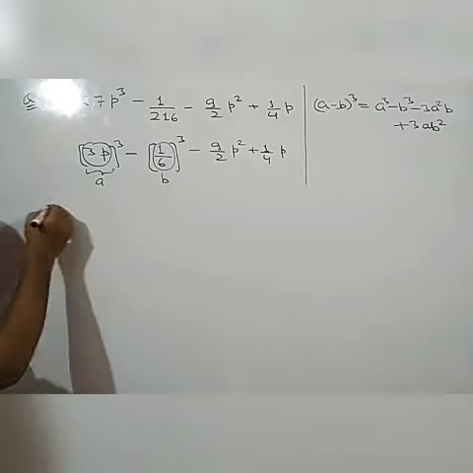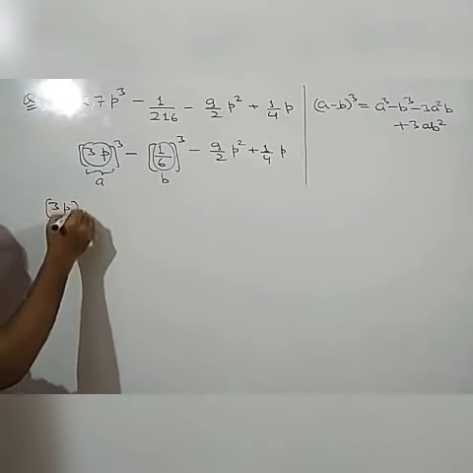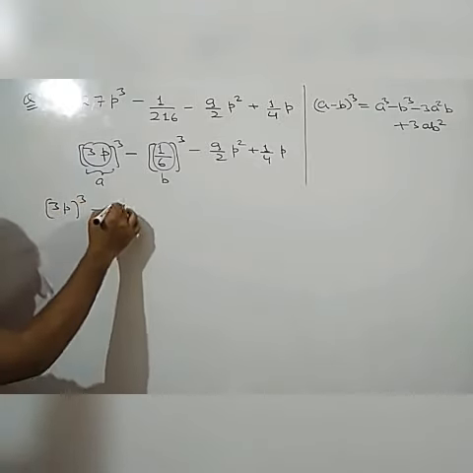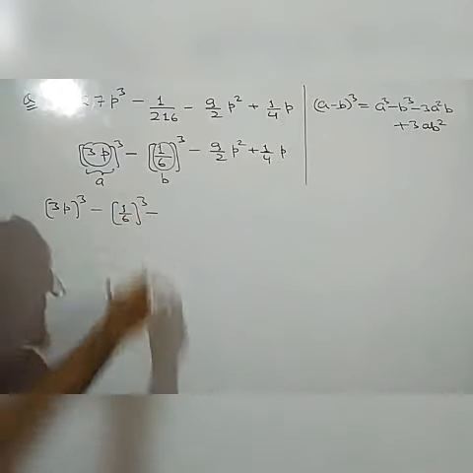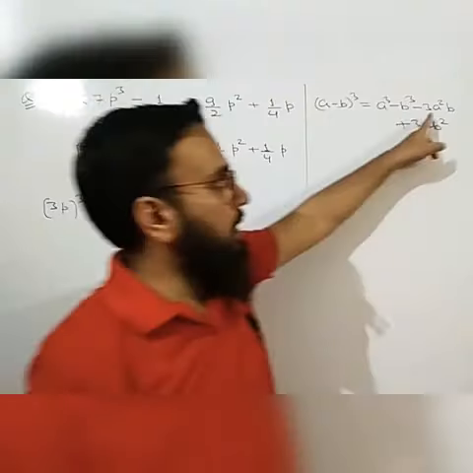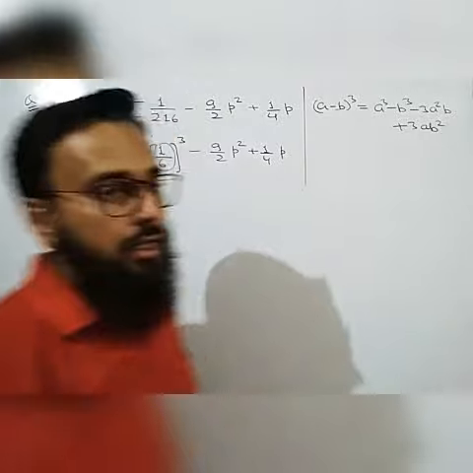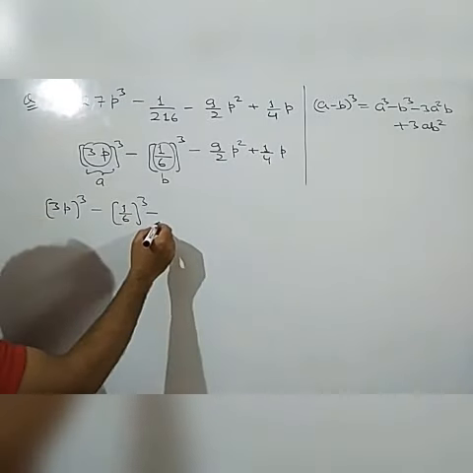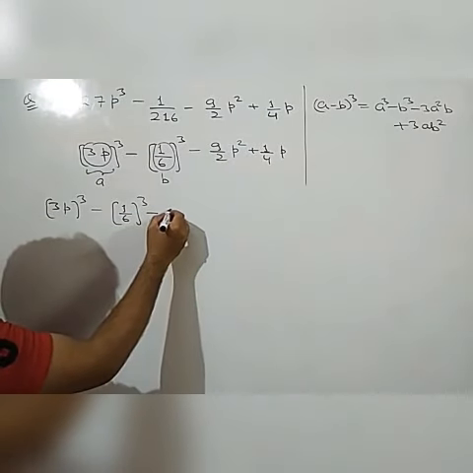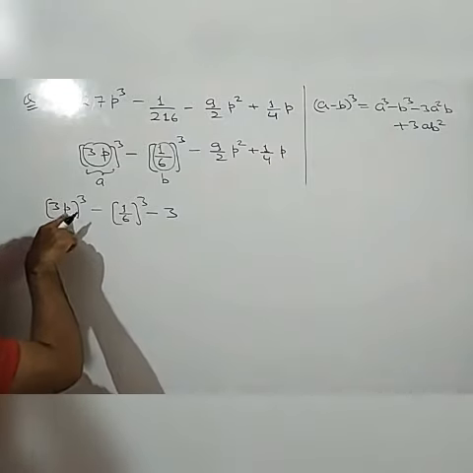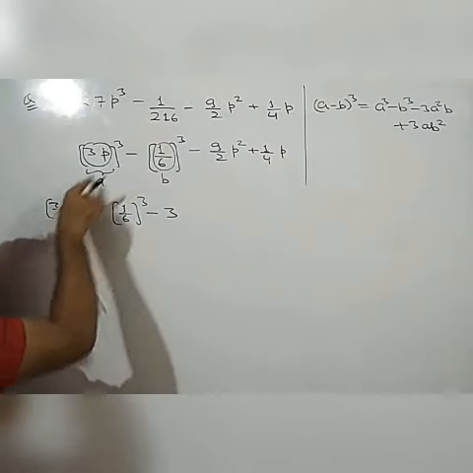So it is written 3p whole cube minus 1 upon 6 whole cube minus, what is the third term? Third term is minus 3a square b. So if we convert it in terms of 3a square b, what can be written? It will be minus 3 at the place of a. A is 3p.